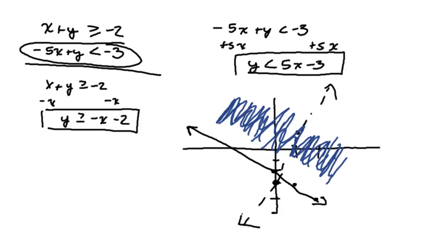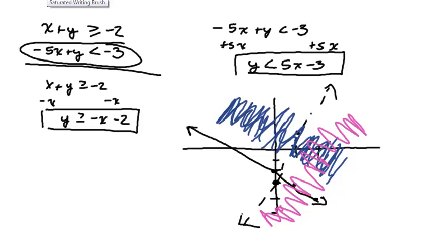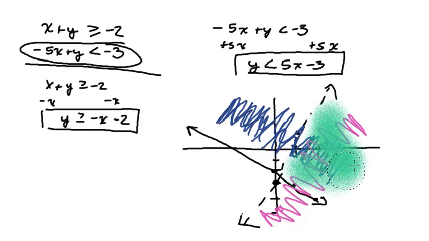Okay, now for the next one, it says y is less than, so it's the area below the dotted line. So we'll shade in the area below the dotted line. And so our answer is going to be the area that is shaded in by both of them. And so the area that's shaded in by both of them is this area right here.